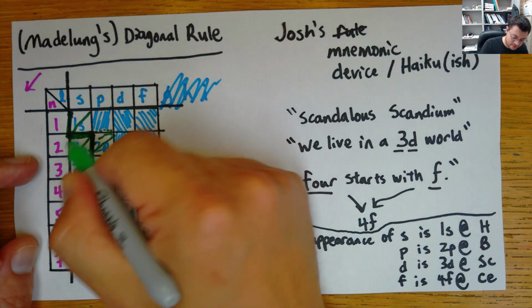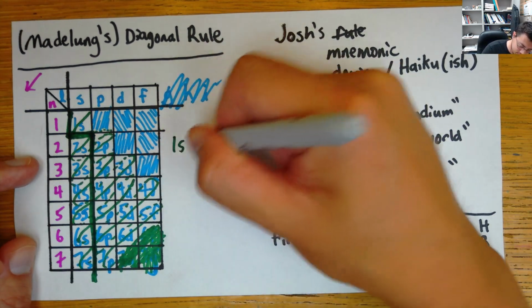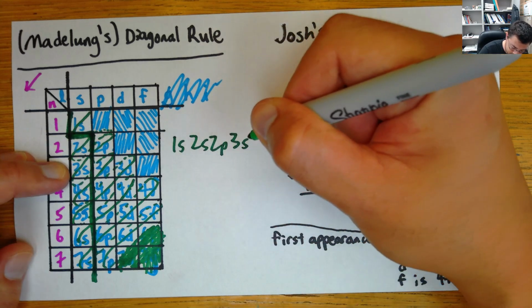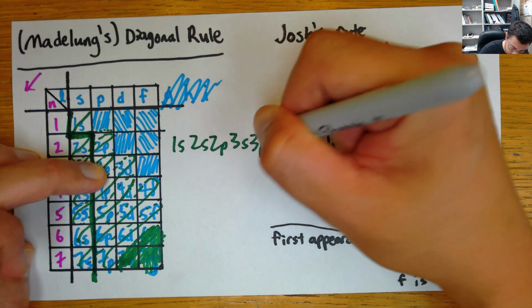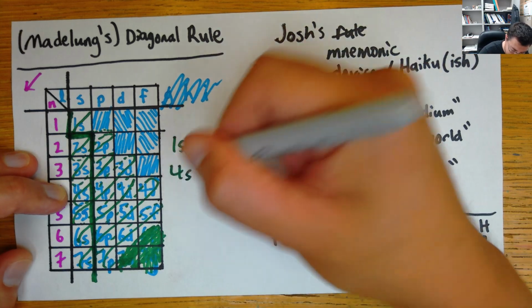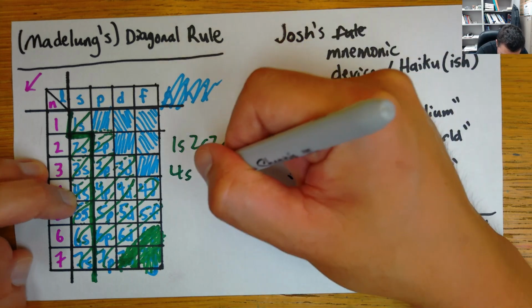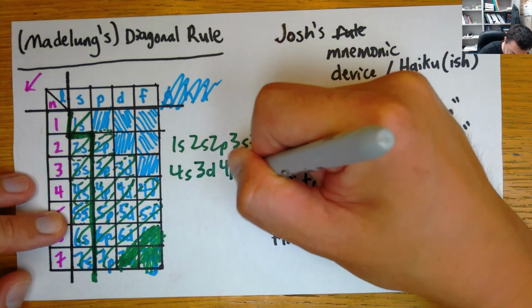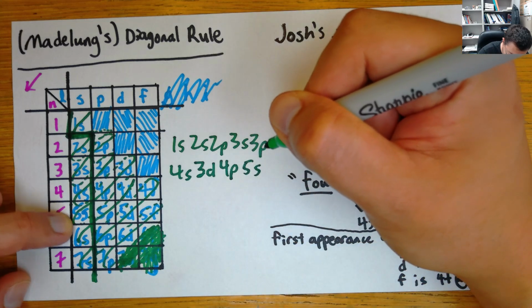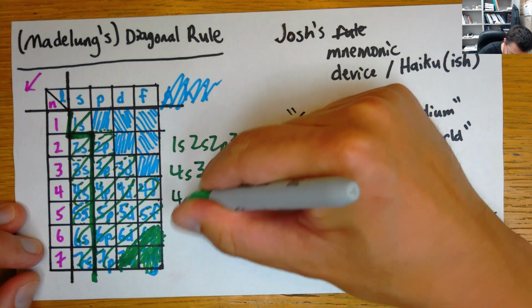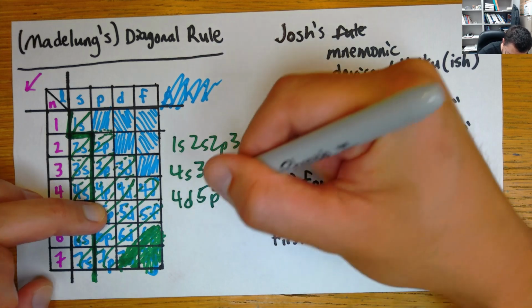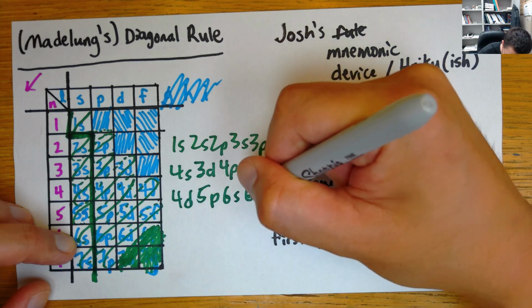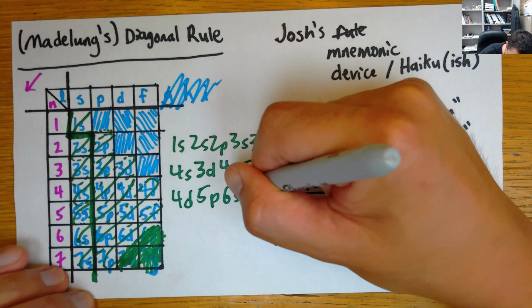So 1s, 2s, 2p, 3s, 3p, 4s, 3d, 4p, 5s, 4d, 5p, 6s, nope, 4f.